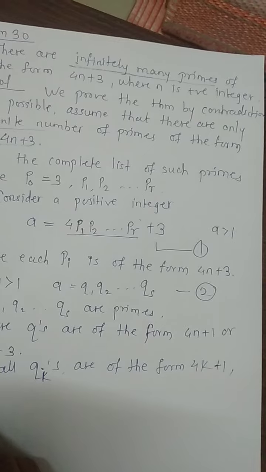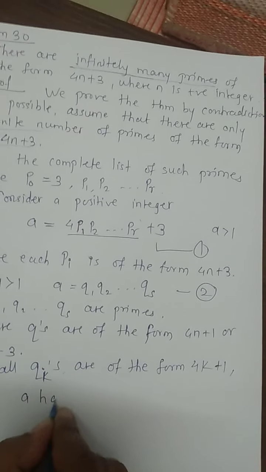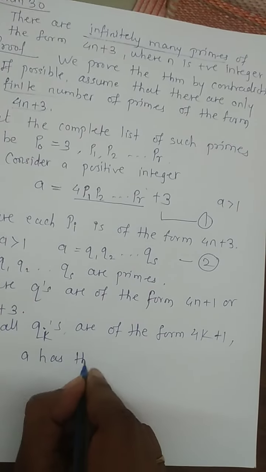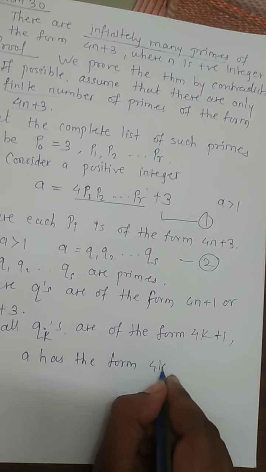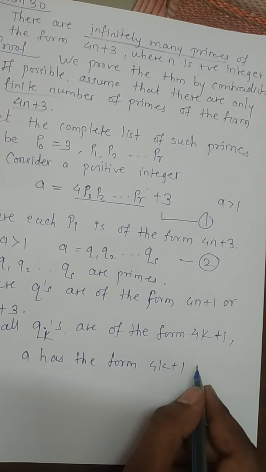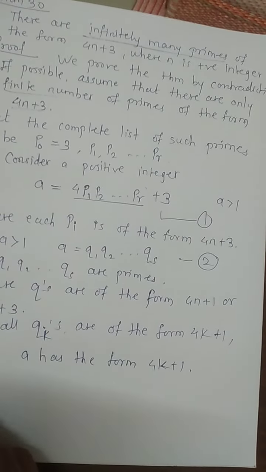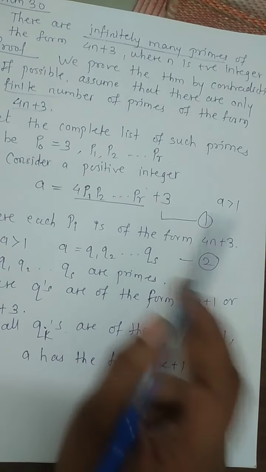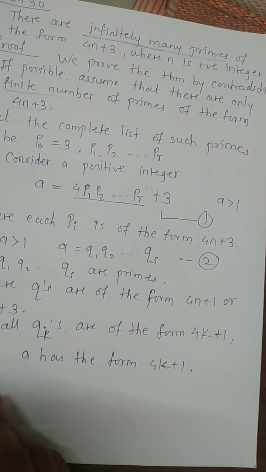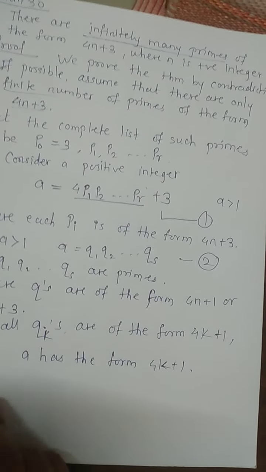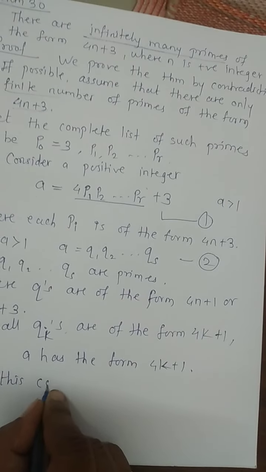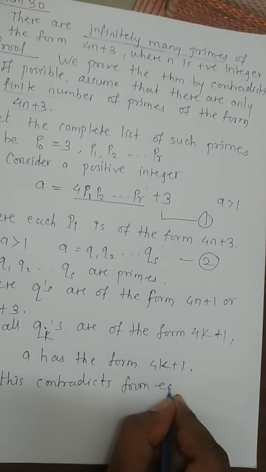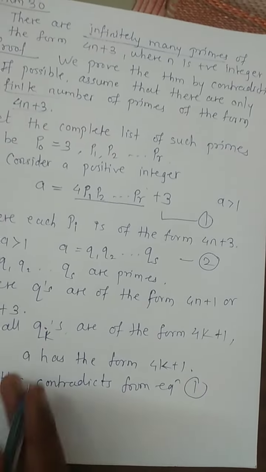Yes, then A has the form 4k plus 1. But see, in equation 1, what is our A? A is of the form 4n plus 3, and here A has the form 4k plus 1. This contradicts equation 1.